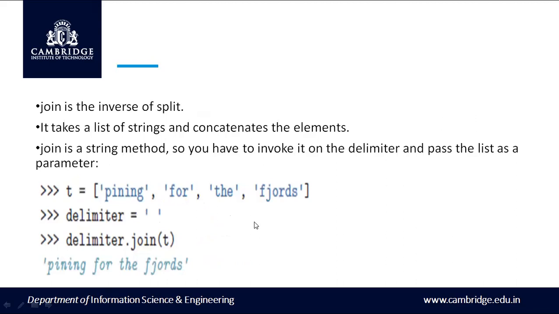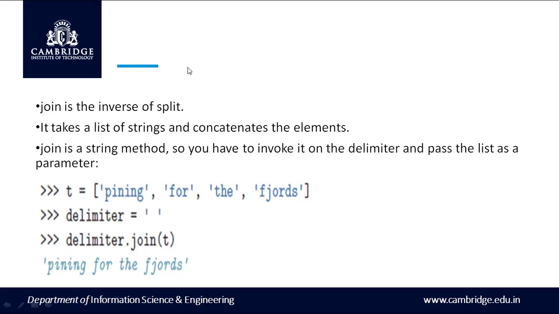And join is the reverse of split. So what does join do? Join combines the words into a sentence, into a string, whereas split divides the sentence into a list of items. Here join takes a list of strings and concatenates the elements of the list.